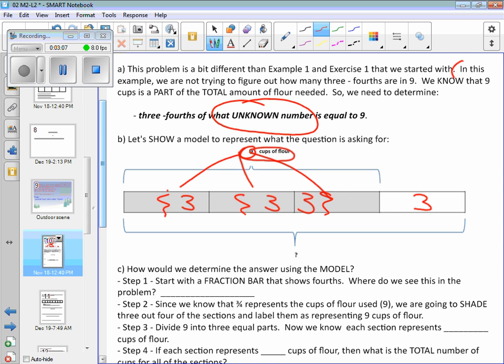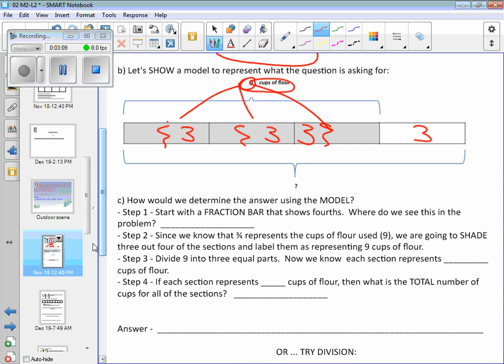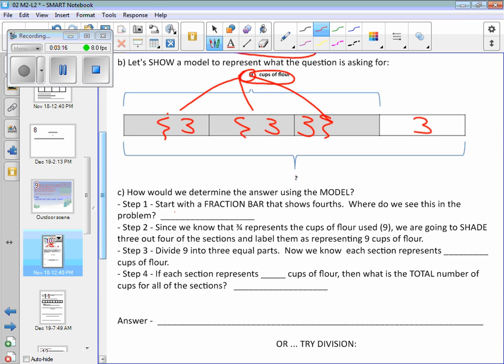Hard part's done. Let's just go and fill in the blanks. We've already done step 1. We started with a fraction bar that showed 3/4. And where do you see this in the problem? It's the fraction. So just fill this in so you have it for your records. Step 2 we've kind of already done. Since we know that 3/4 represents the cups of flour used, which is 9, we're going to shade 3 out of 4 of the sections and label them as representing 9 cups of flour.